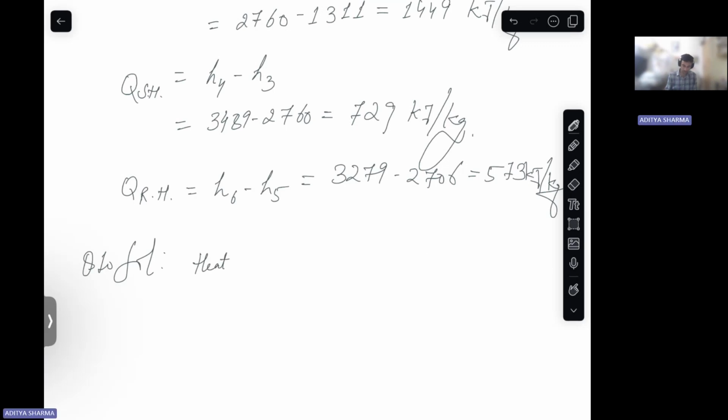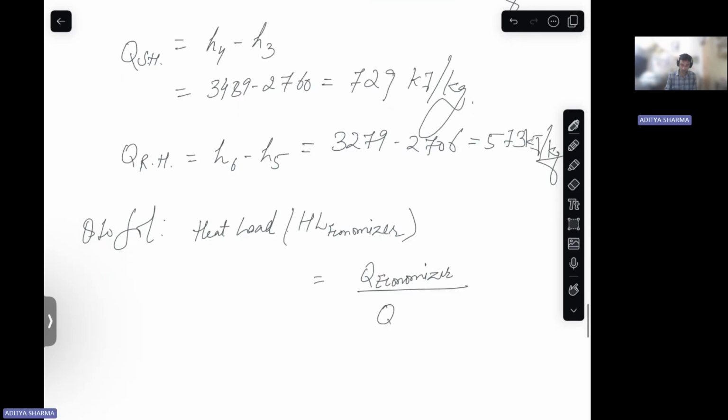Heat load, HL, for economizer is Q economizer by Q total.